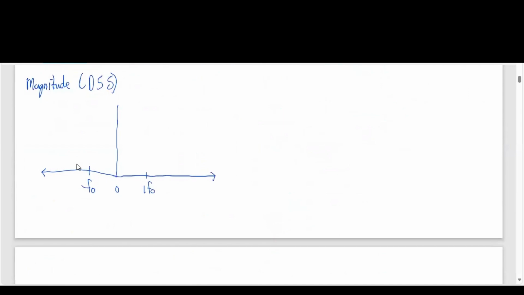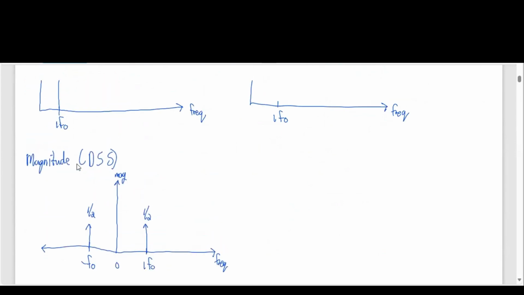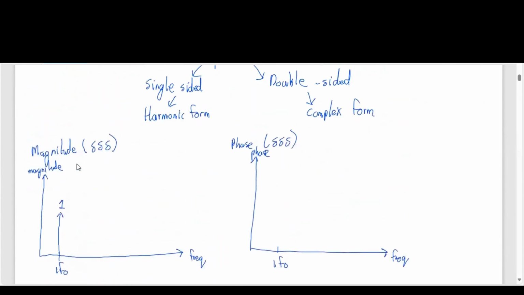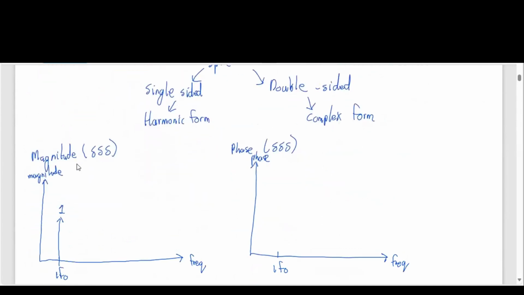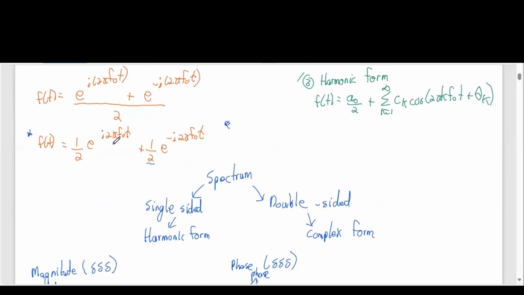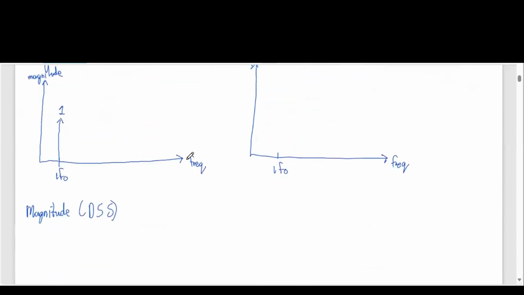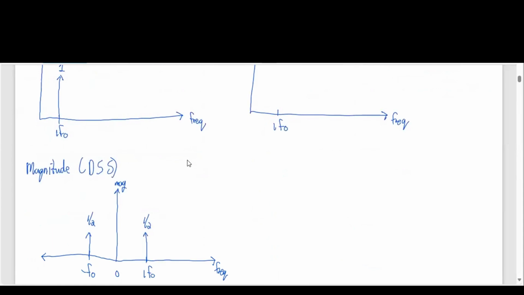So this will go up to a half, and this also will go up to a half. Obviously this is magnitude, and the x-axis is frequency. So that's the magnitude spectrum plot. For the phase spectrum, just as before, if you look at the complex exponential form, in this case there are no phases, so the phase spectrum will again be empty.